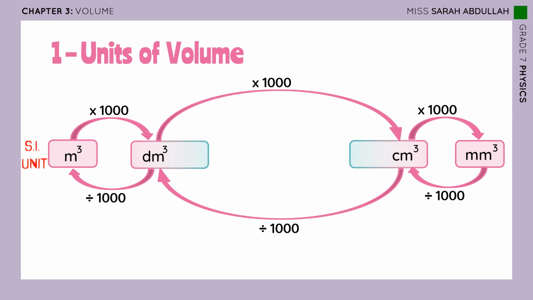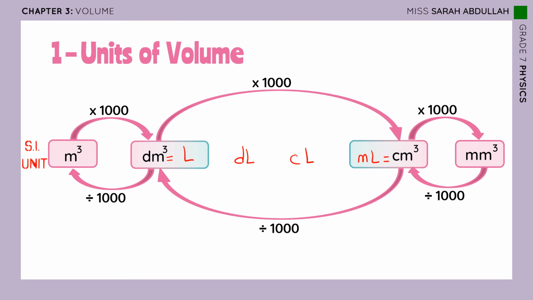Now, this is the first conversion map that I've shown you. It has the cubic meter, the cubic decimeter, the cubic centimeter, and the cubic millimeter. And when I want to go from one unit to the other, I either multiply by 1,000 or I divide by 1,000. But I also said that the cubic decimeter is the same as the liter, and the cubic centimeter is the same as the milliliter. And I also have in between them deciliter and centiliter.